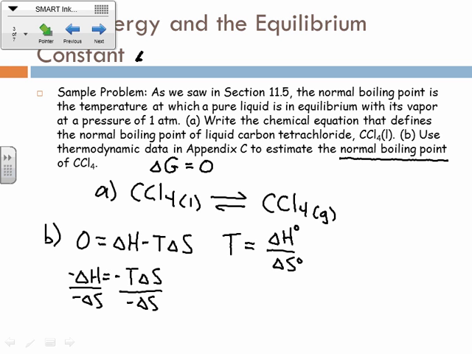So my delta H for this reaction is just products minus reactants, right? The delta H of formation for my product here is negative 106.7 kilojoules per mole. And then my delta H of formation for the CCl4 liquid is negative 139.3 kilojoules per mole.